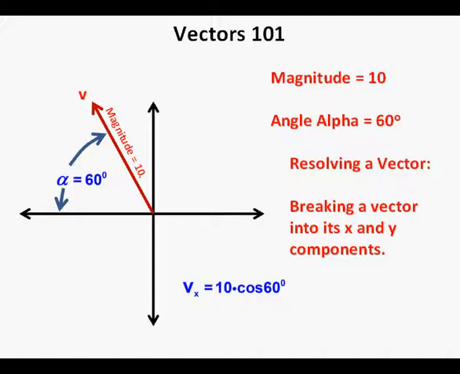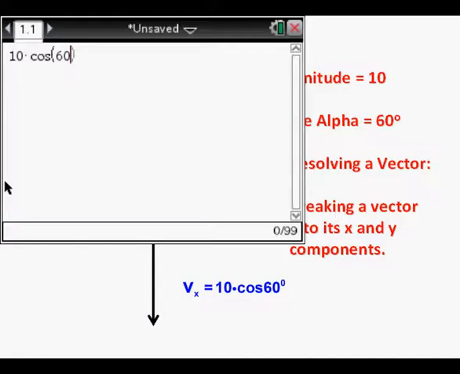So the x rectangular component, which we call v sub x, is the magnitude of the vector 10 times the cosine of the angle of direction, which will be the cosine of 60 degrees. Maybe you know that the cosine of 60 degrees is 1/2 or 0.5, but in case you don't remember that, here the numbers are entered in the calculator.